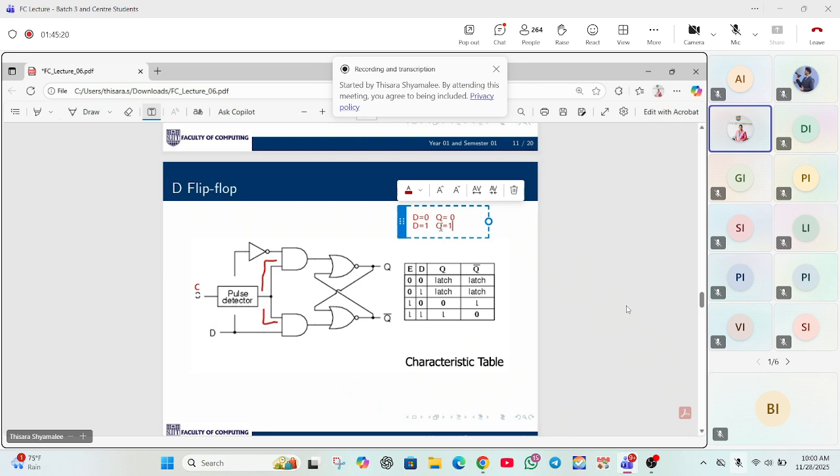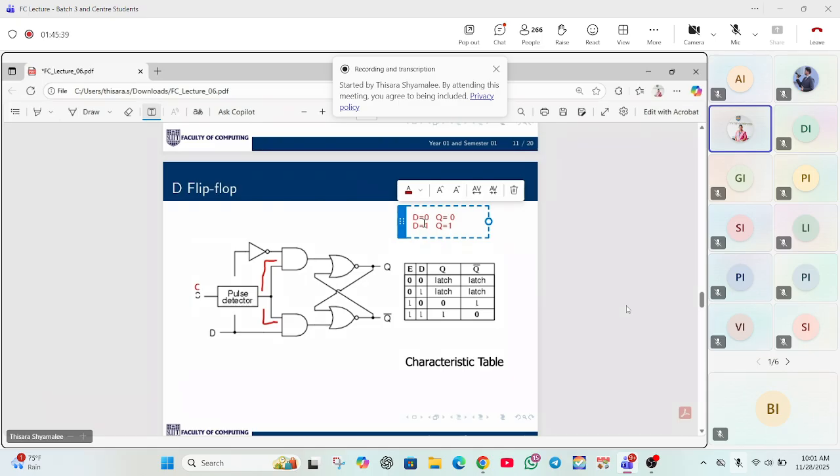D equals 0, then Q equals 0. This will happen only if the clock signal is provided.